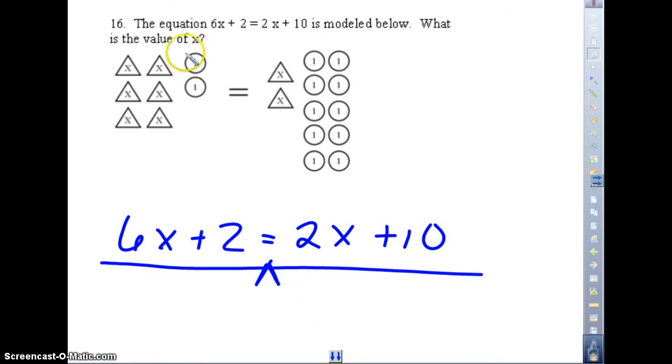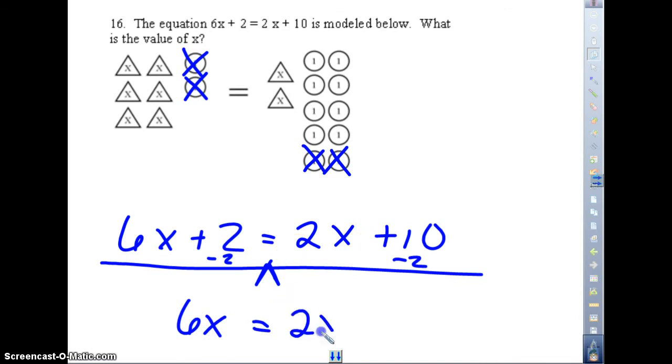If I subtract 2 on this side, then guess what I better do on this side to keep the whole thing balanced? Yeah, I better remove 2. So if I subtract 2 from here, I get 6x equals, on this side, 2x plus how many left over? Yeah, plus 8. What's the next step?